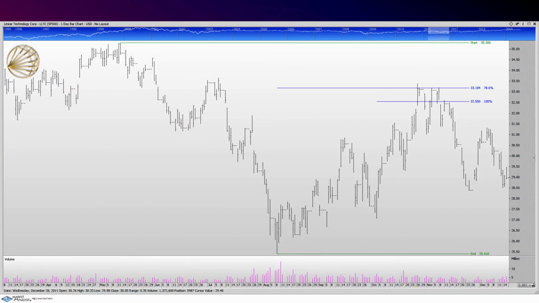Here's another one. Here's the impulse down, correction, A, B, C. Here's our 100% line, price extension line. Let's add the quad.